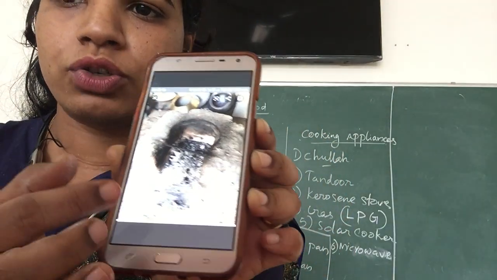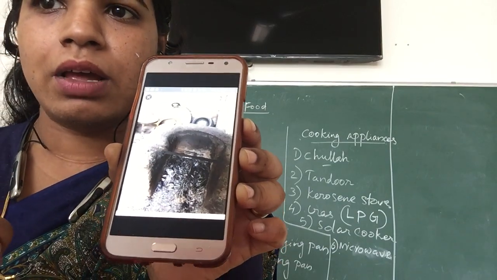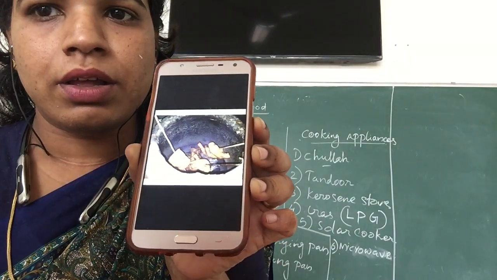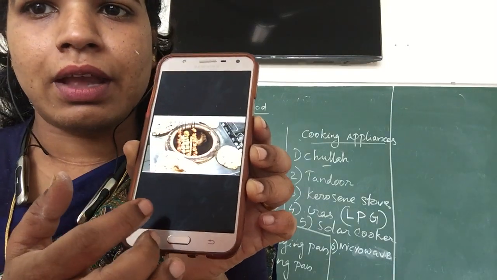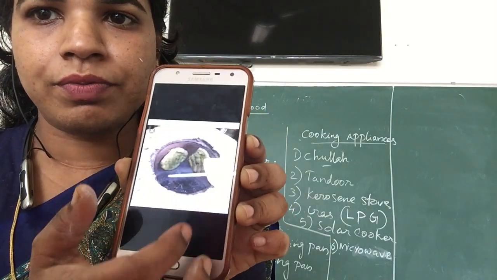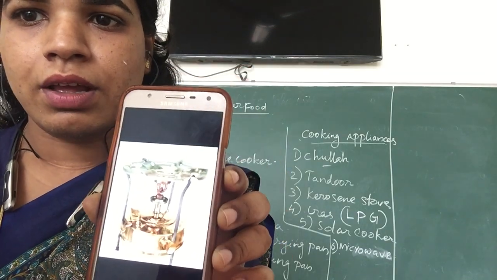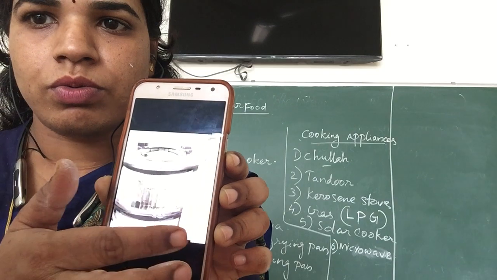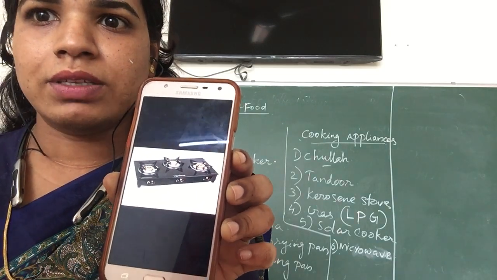This is known as a chula, and next this is also a chula. What is this? This is a tandoor. This is also a tandoor. And here you have to see the kerosene stove. This is a kerosene stove. What is this?